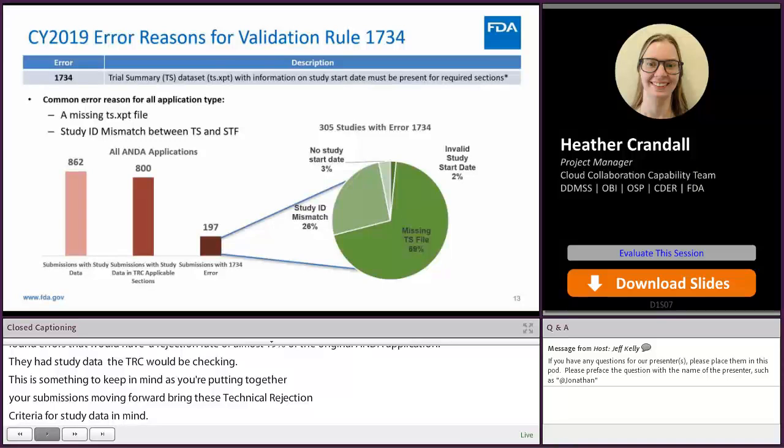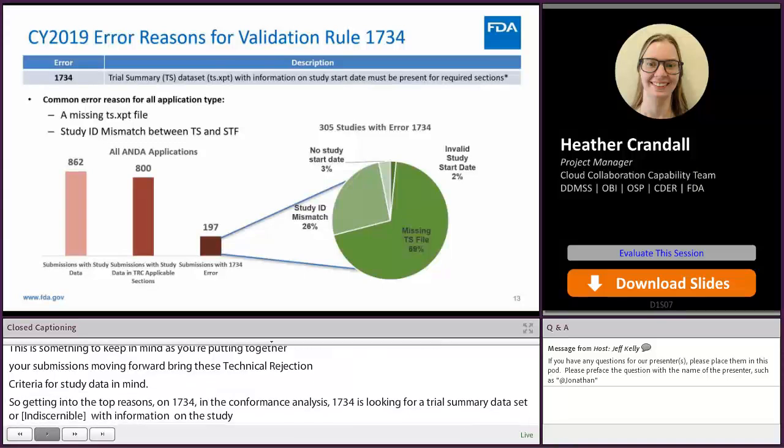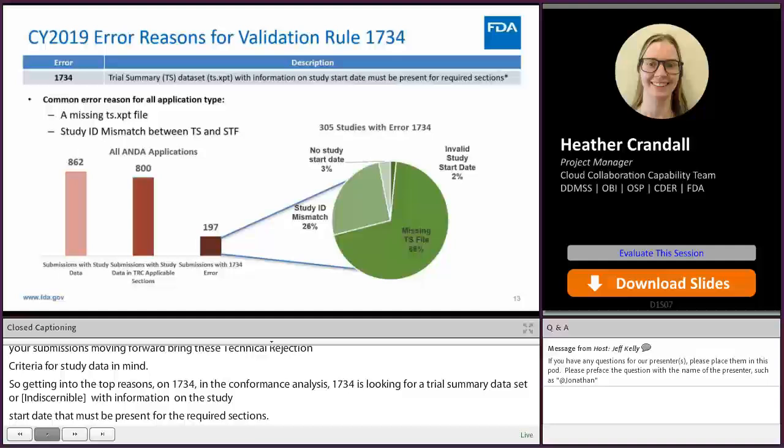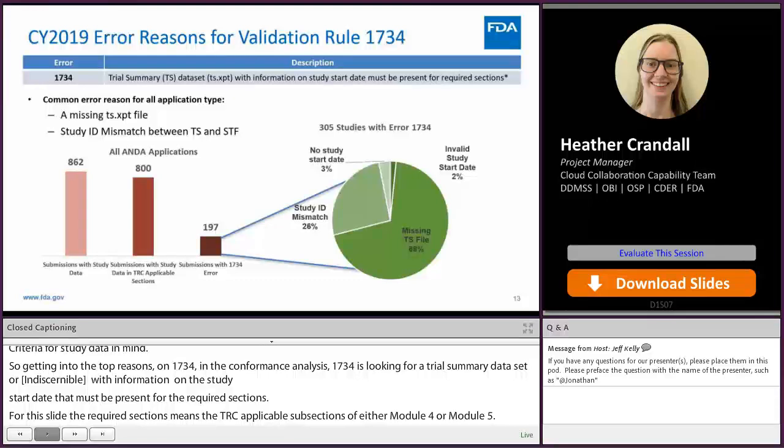And for this slide, required sections means those TRC applicable subsections of either Module 4 or Module 5. The number one most common error that our conformance analysis found for 1734 was a missing ts.xpt file where the validation would expect to find one. That was 69% of the 1734 errors.